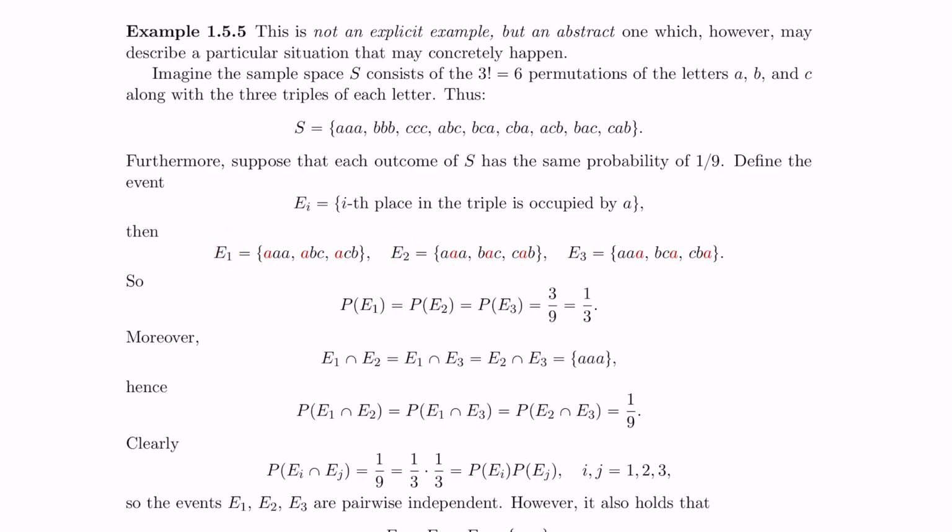The first one with A at the beginning of the triple, the second one in the second place of the triple, and the third one at the third place of the triple. Since in each event we have 3 outcomes, the probability of E1, E2, and E3 is the same, and its value is 1/3. Moreover, notice that the pairwise intersection between these events is simply the triple AAA.